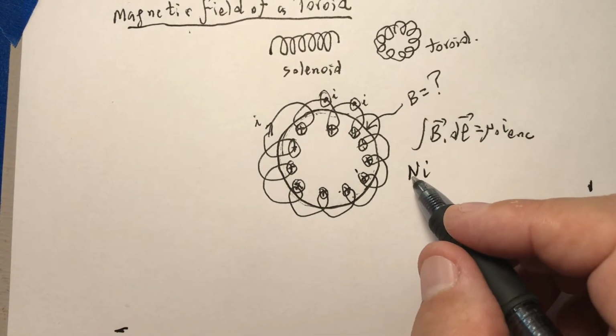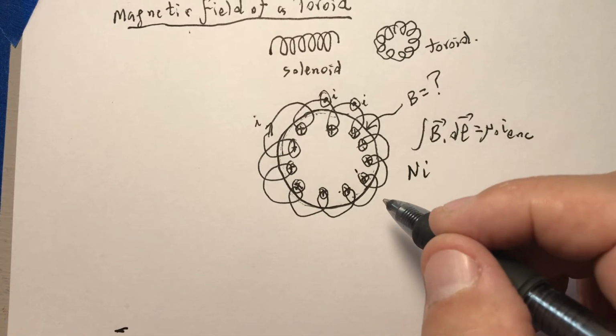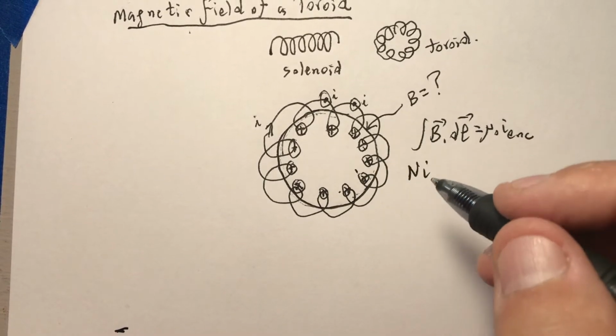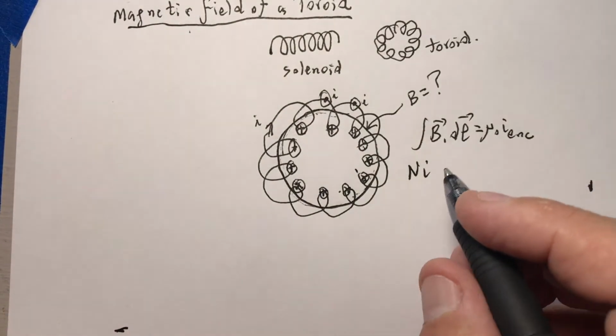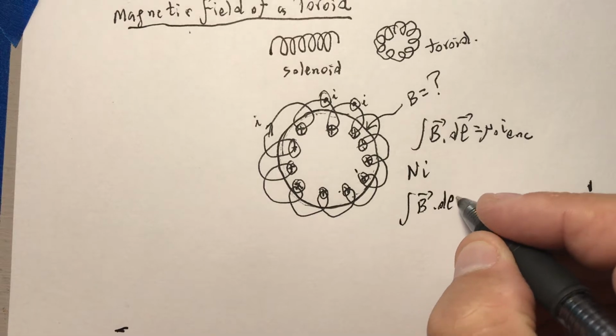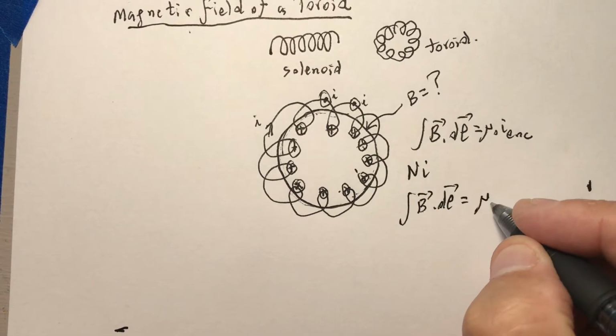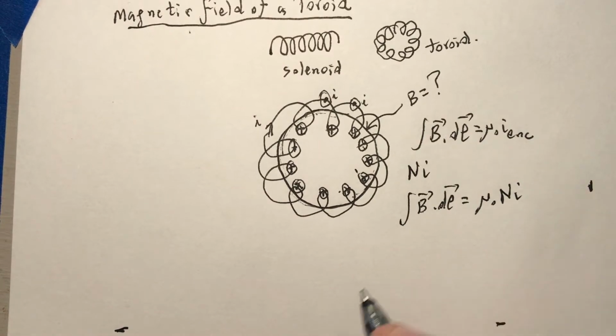The number N is the number of loops, and you can choose any number of loops you want. The more wire you have, the more loops. So the right side of the equation is simple: B dot dl is equal to mu0 Ni.